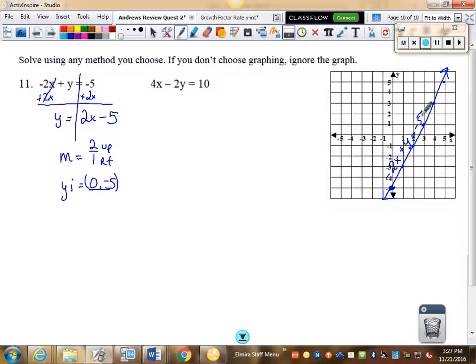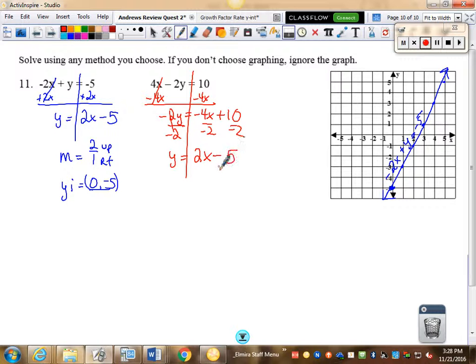And then I do the same to this equation, negative 4x. Well, shoot, these come out the same.